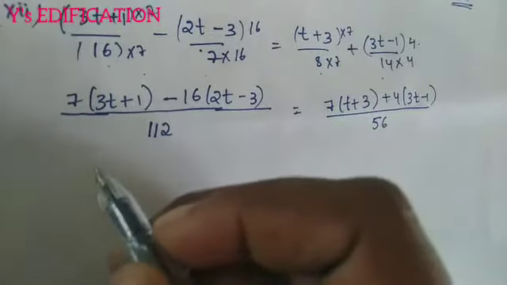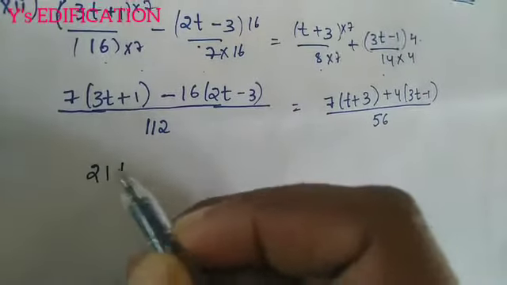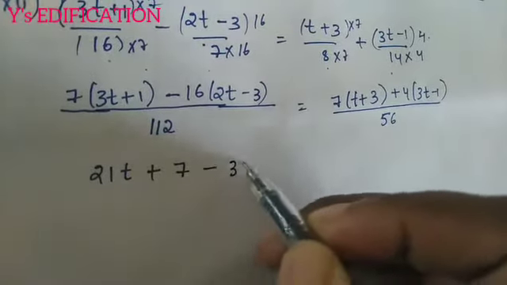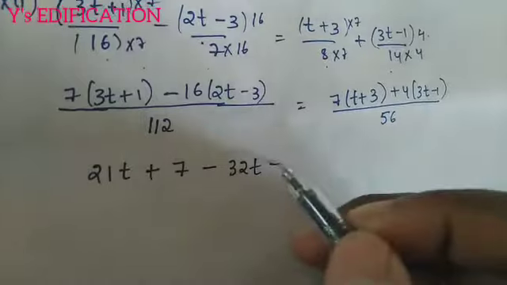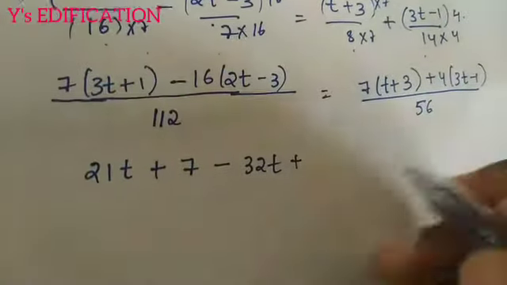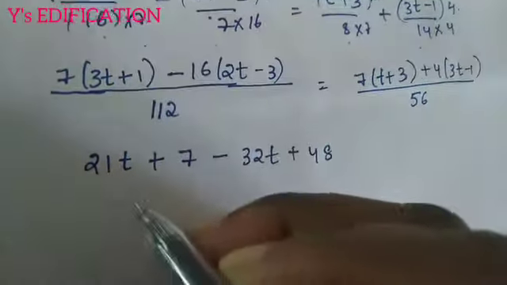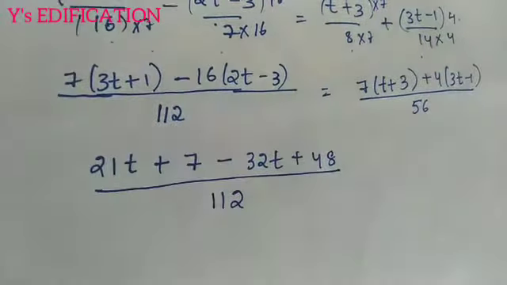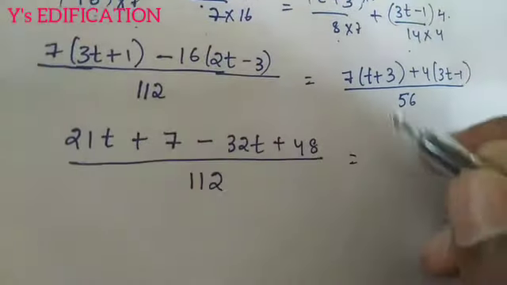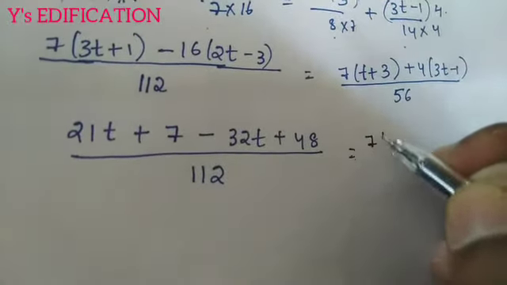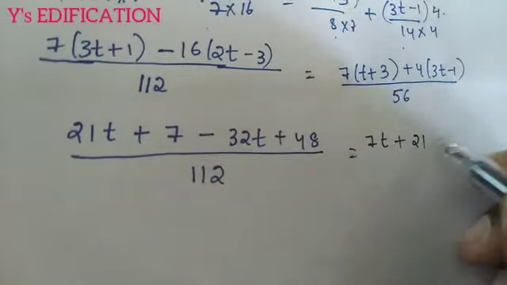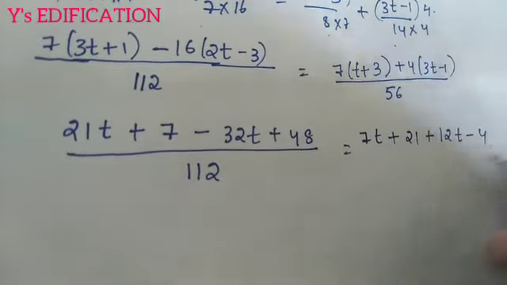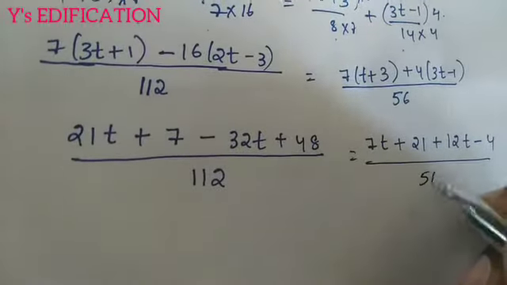Multiply this number. 7 into 3 is 21t plus 7 into 1 is 7 minus 16 into 2 is 32t minus into minus is plus 48 by 112 is equal to, this one is 7 into 3 is 21 plus 4 into 3 is 12t minus 4 into 1 is 4 by 56.